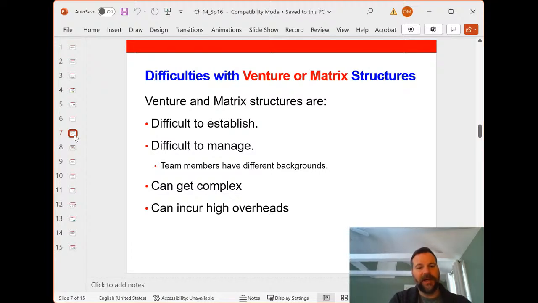It can be really complex. And because of this, you can end up having a lot of extra costs. So if you think about your case with BMW and Mini, BMW employees weren't familiar with Mini at the time. And so it could get really expensive and difficult to manage when they go from being BMW employees to essentially being focused on just Mini.